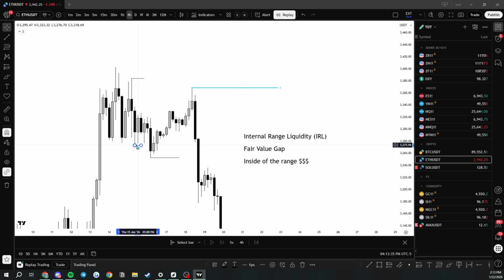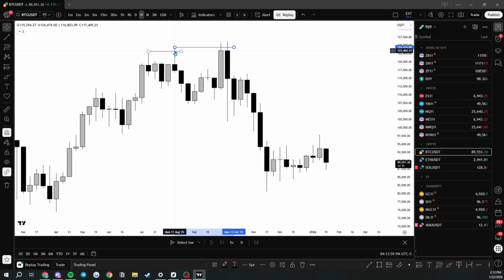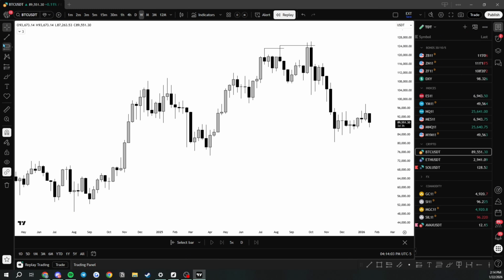And just to show you the significance of how important swing points are, I show this example quite frequently that every single major market local top or bottom is usually formed first by an ERL or a swing point being taken out first, right? And it's been this way for a very long time across multiple asset classes, right?